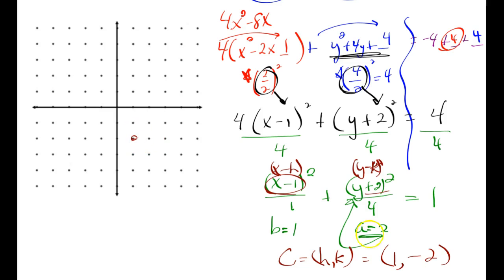There's the center. I'm going to go 2 units above and below that. So there's a vertex on the major axis and a vertex on the minor axis. And then I'll go 1 unit along the x distance from the center, and then I'll graph this ellipse. So the value of b is 1, and the value of a is 2.